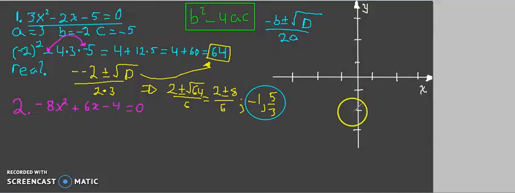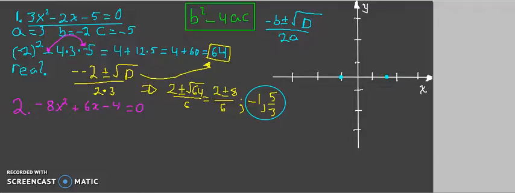So if the question asks you to go ahead and graph it, this is handy because you then know the two places where it crosses the x-axis. So that's going to be at -1, so if we just go ahead and put a dot there, and then at +5/3, so that's going to be like 1 2/3, so somewhere about there on this graph.